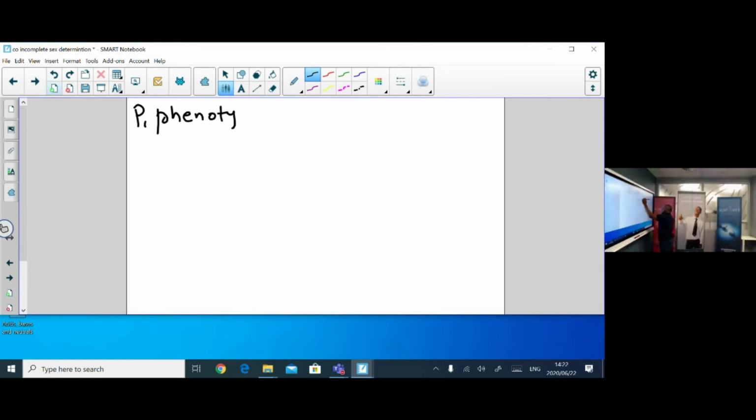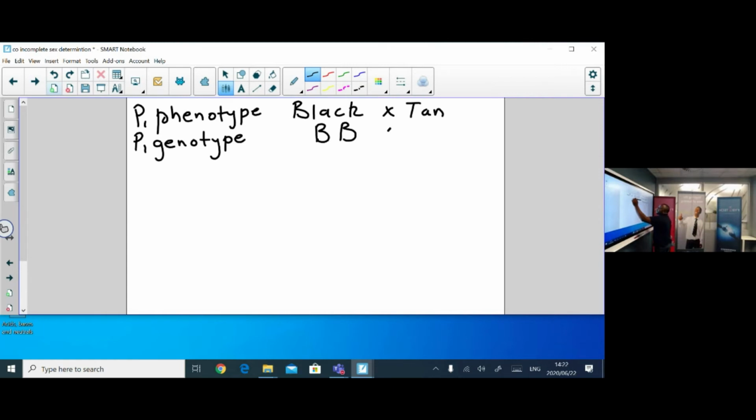My parents' phenotypes are black and tan. We know the tan color. Next, F1 genotype. What are my genotypes? Black, B, and B against tan. All right. What do I show next? Meiosis.